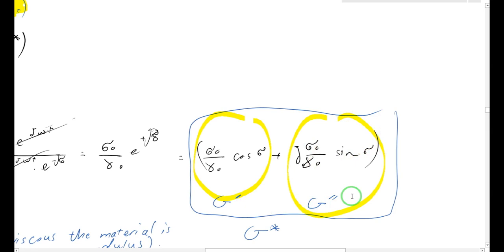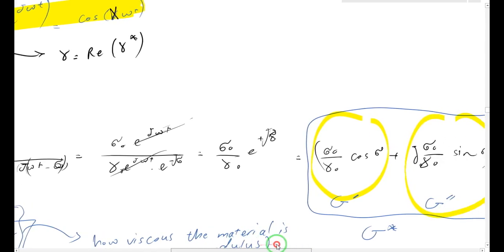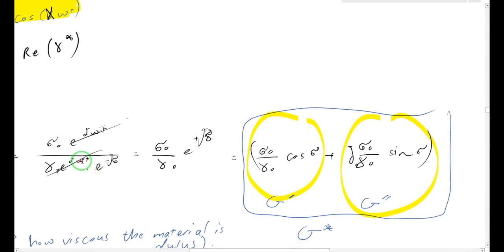I know that I proceeded a little bit quickly with this mathematics, but I just wanted to show you that when we measure the ratio between the stress and the strain of the viscoelastic materials, the modulus is the sum of two parts, a real part and an imaginary part.